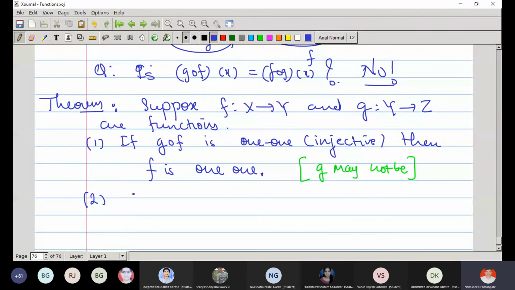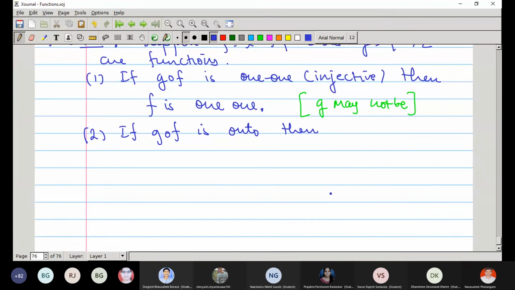Now, what could be another question? If g composite f is onto, then what could be the question? g is onto.